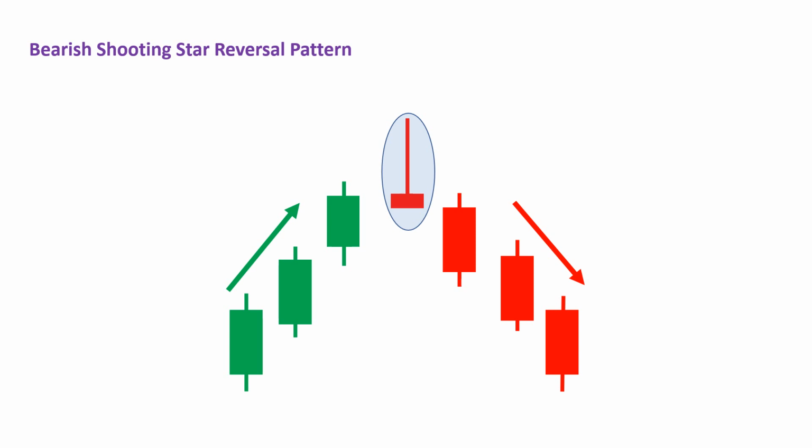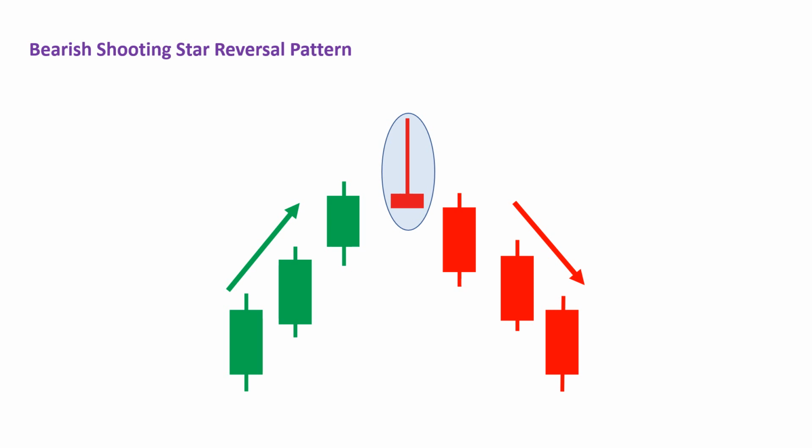The small body represents a narrow range between the opening and closing prices. The shooting star pattern suggests that the buyers pushed the price higher during the session, but sellers managed to regain control, leading to a potential trend reversal.